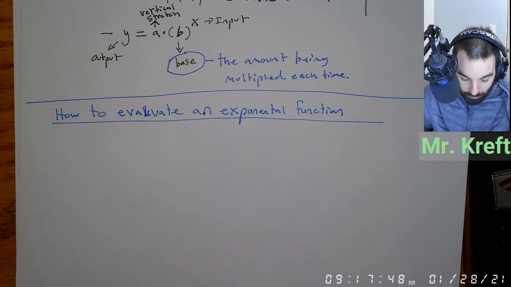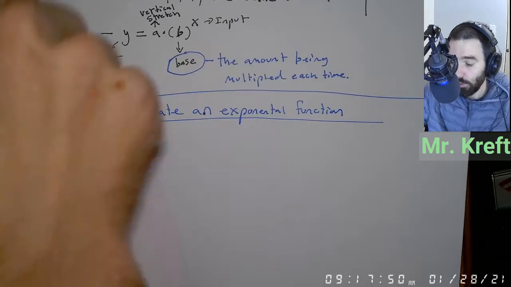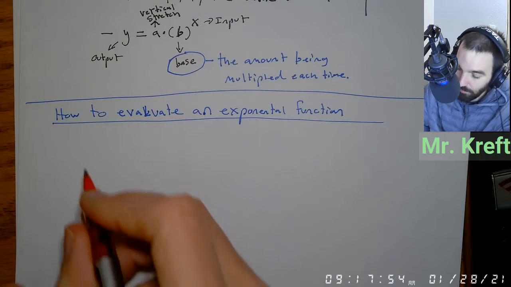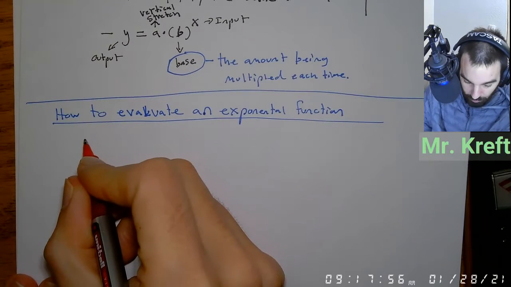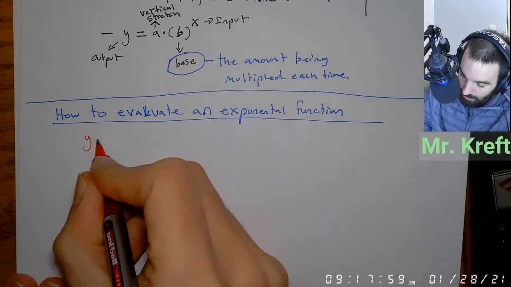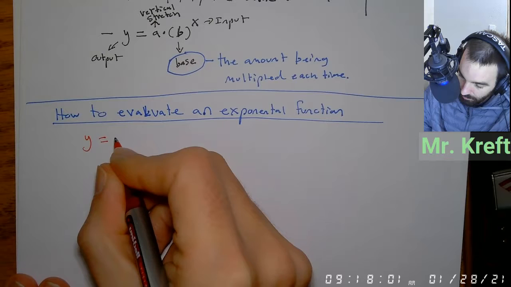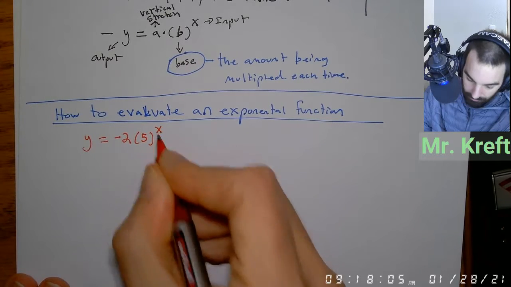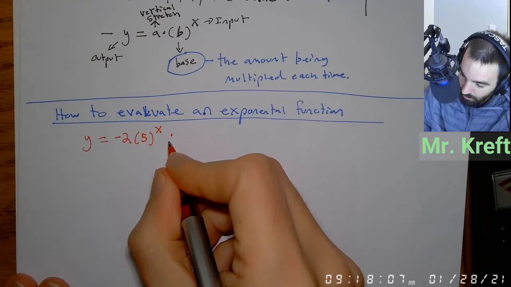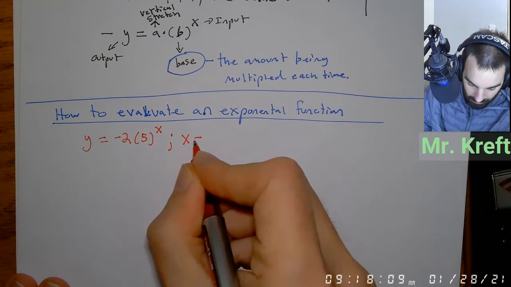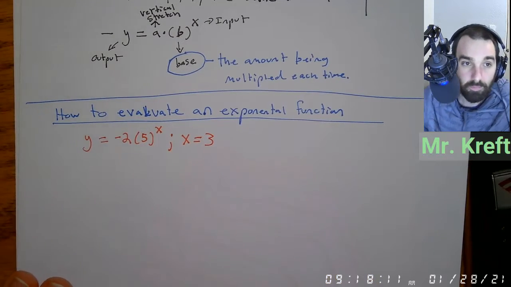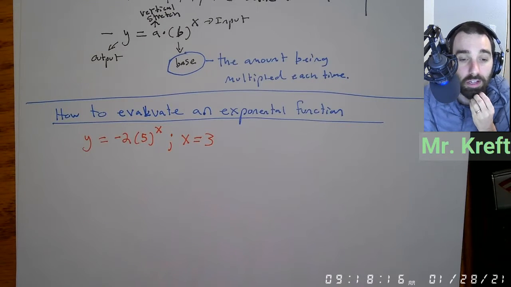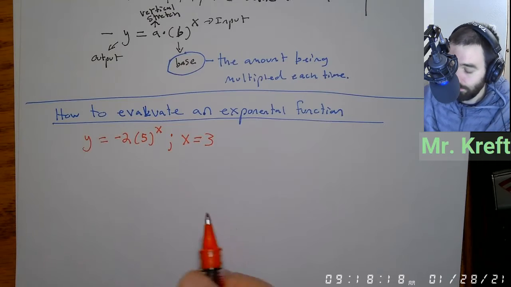I'm going to start with one. So let's start with this one: y equals -2 times 5 to the x, where x equals 3. Let's break this down because it's kind of confusing.